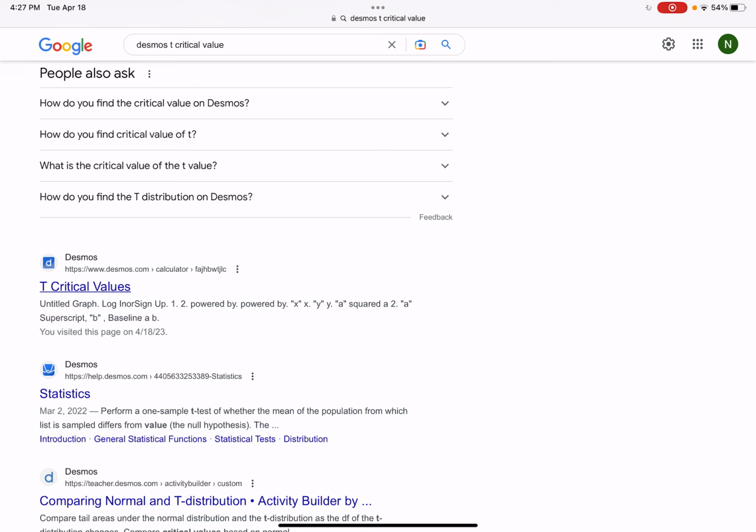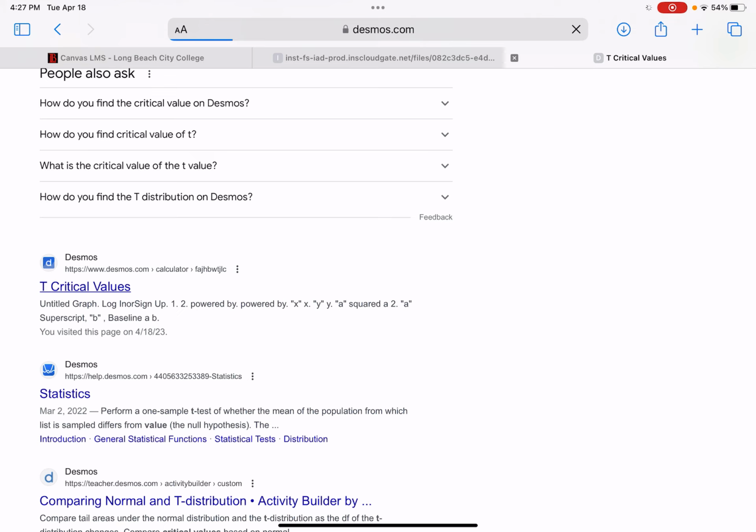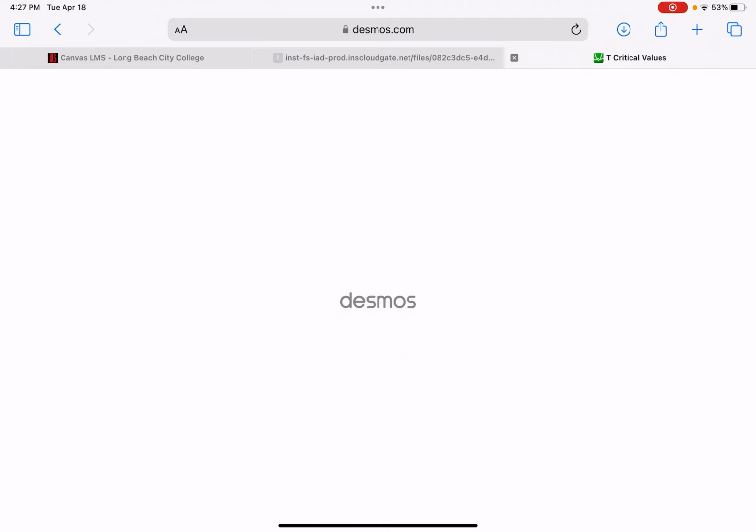It's loading. It's thinking. Just very slowly. I only have 2 bars. Oh, there it goes. It's starting to load.